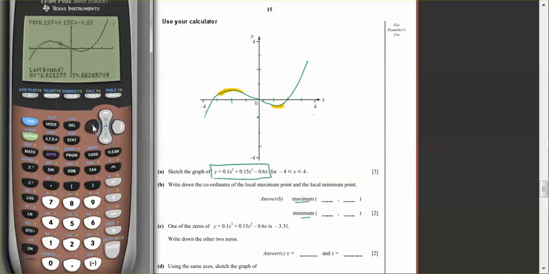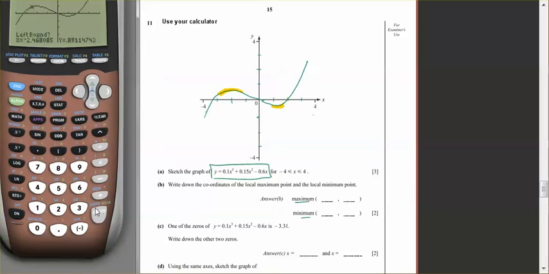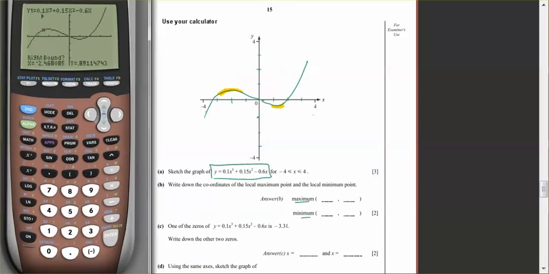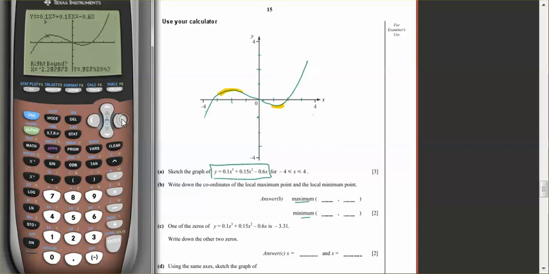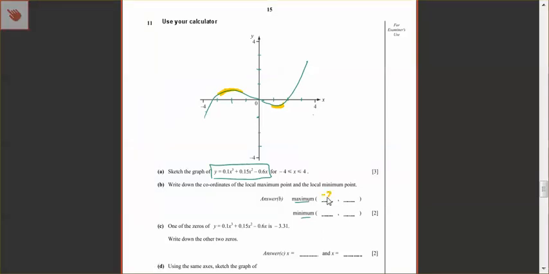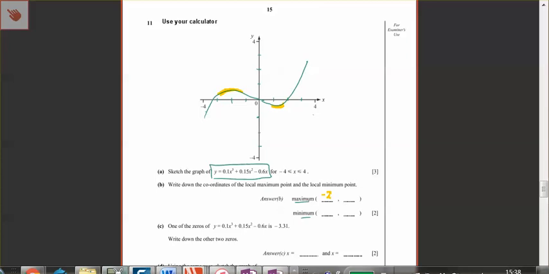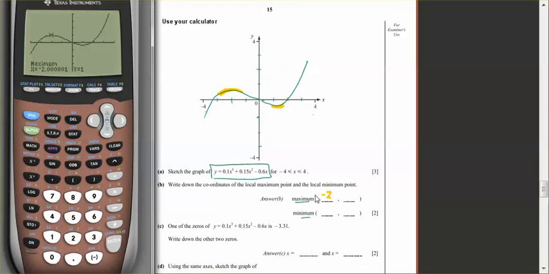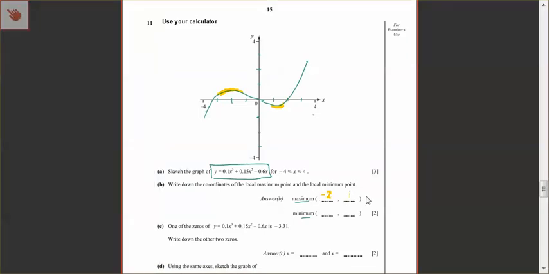Go to the left of the maximum, enter. Go to the right of the maximum, enter, enter. It tells me that it's at -2. So maximum -2, 1. And you do the same with the minimum.